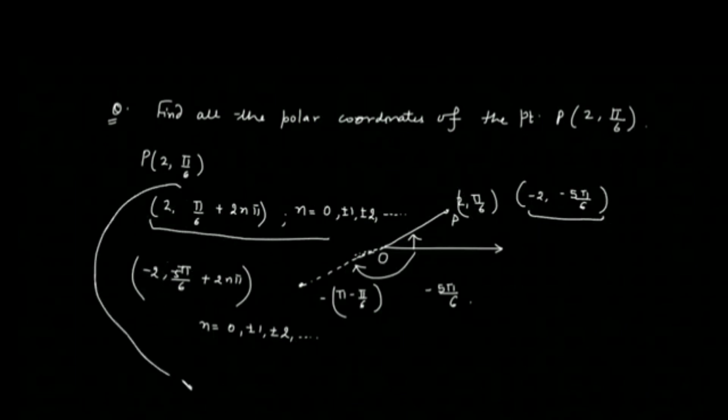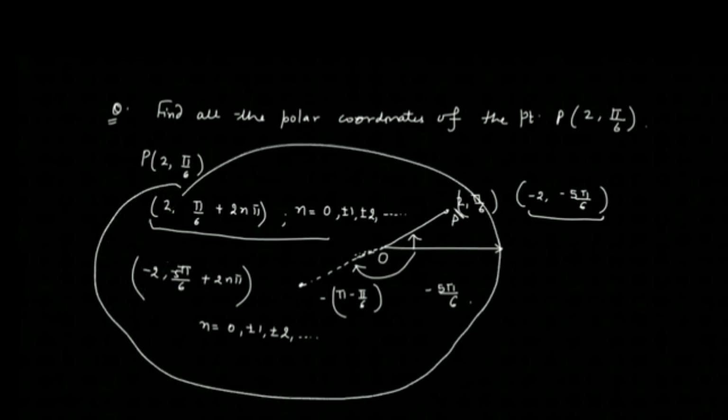All these are the polar coordinates of this point P (2, pi by 6). So there lie infinitely many representations of a single point in polar. This is the basic difference between Cartesian and polar.